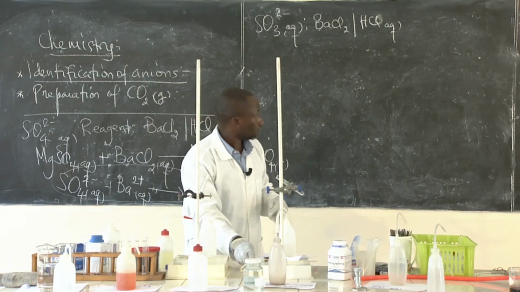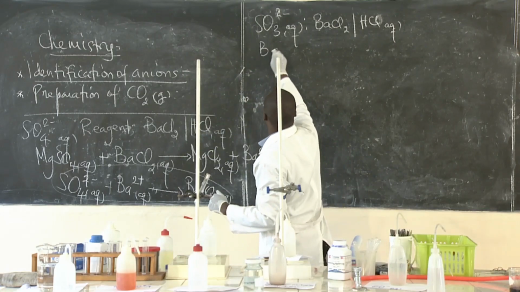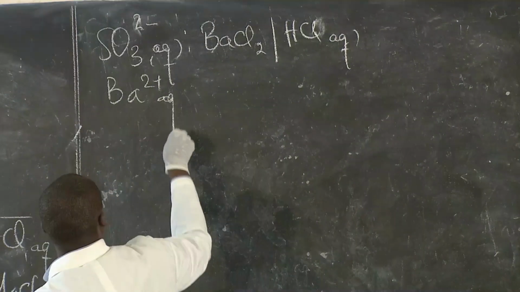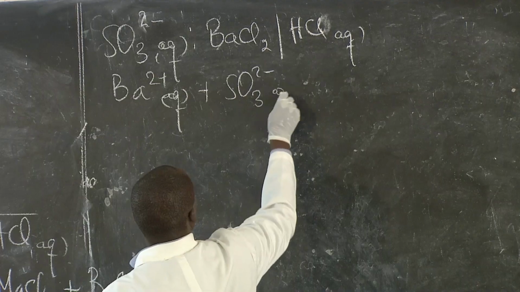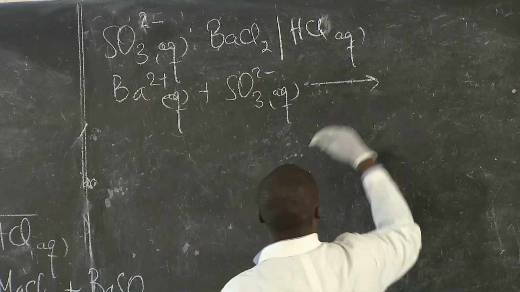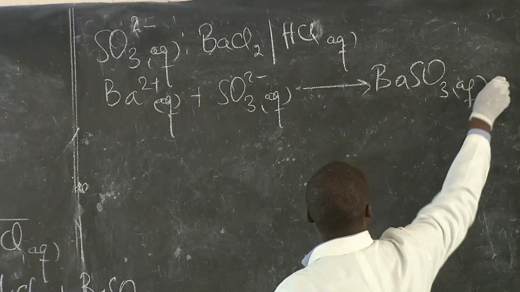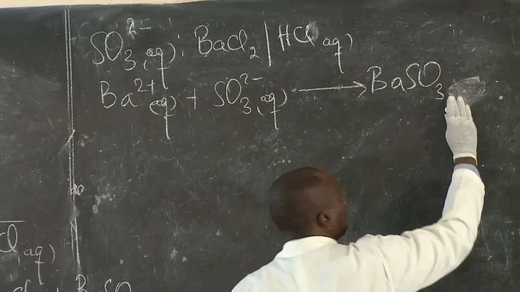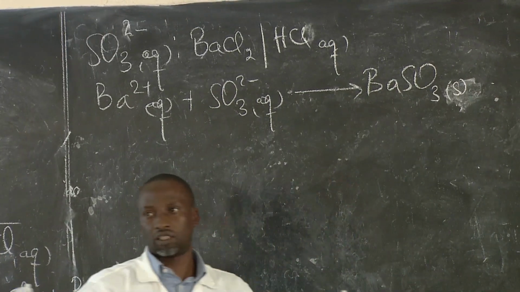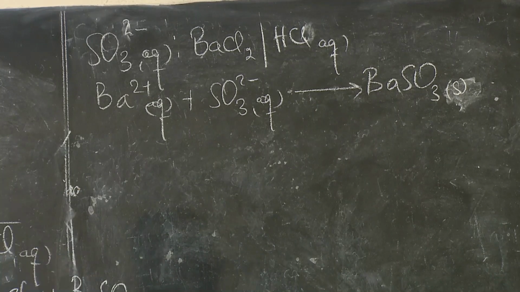So what does that mean? We still have the barium ions, and they are reacting with the sulfite ions. So these sulfite ions give barium sulfite. The barium sulfite is solid. So we saw the white precipitate that formed first; that is barium sulfite, not sulfate.